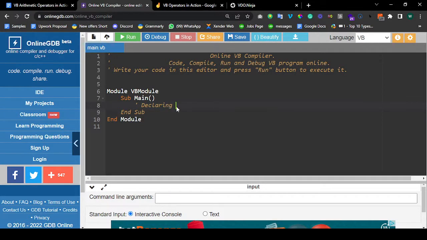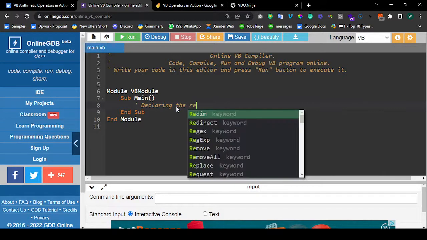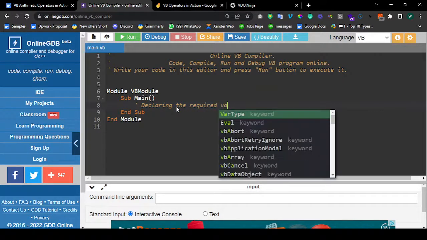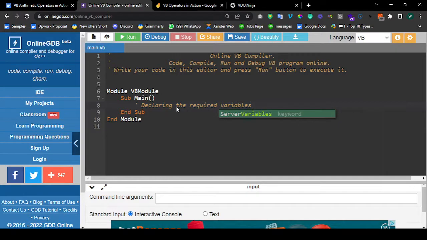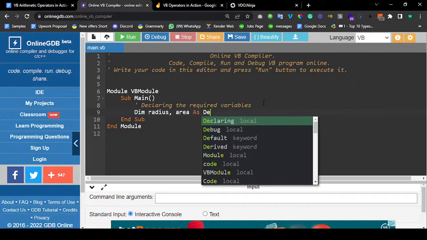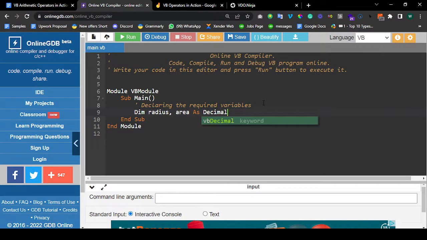Declaring the required variables: radius, comma, area as decimal. Okay, now I have my radius and area as decimal.